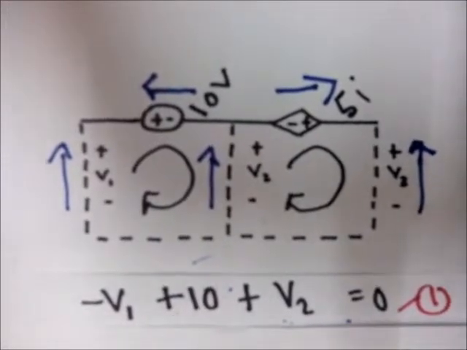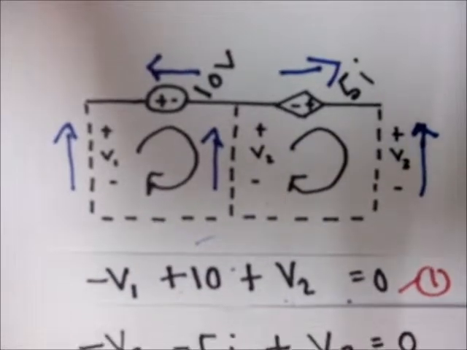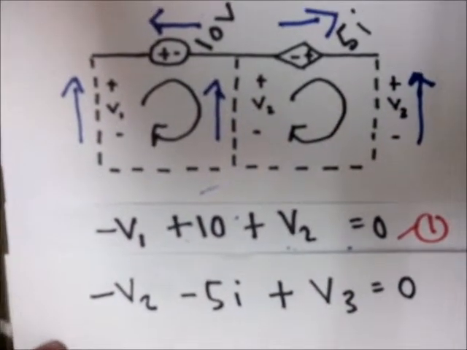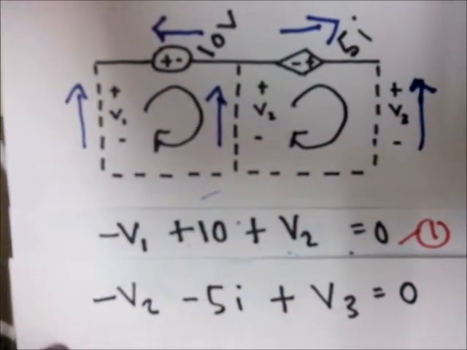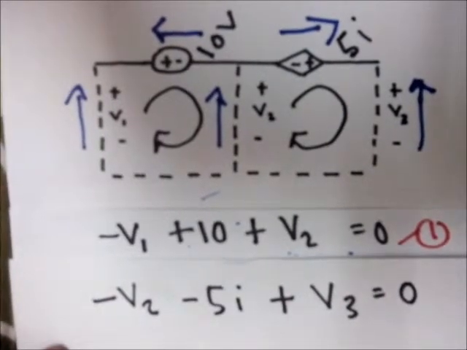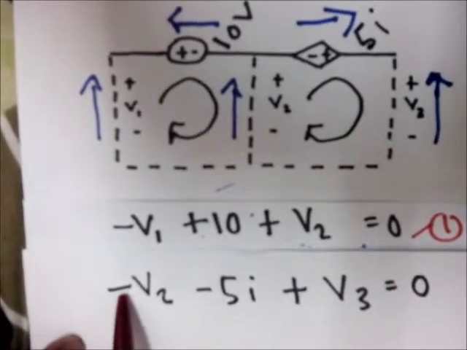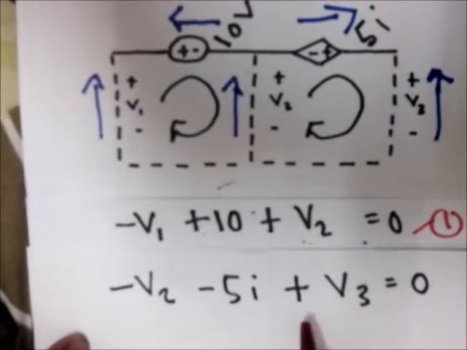So V3 equals V2 plus 5i. Then we bring it to the left side: negative V2 negative 5i plus V3 equals 0.